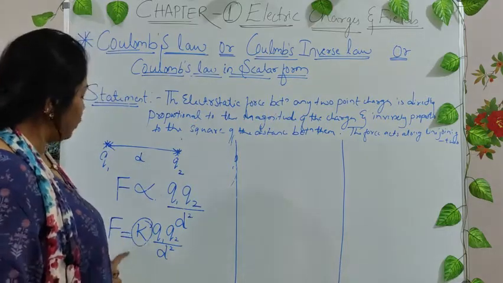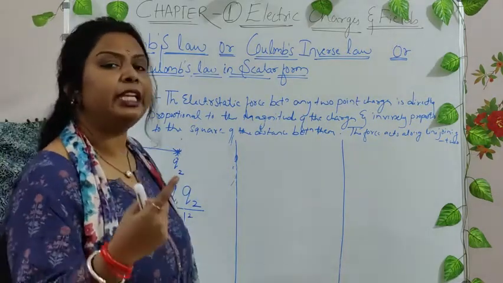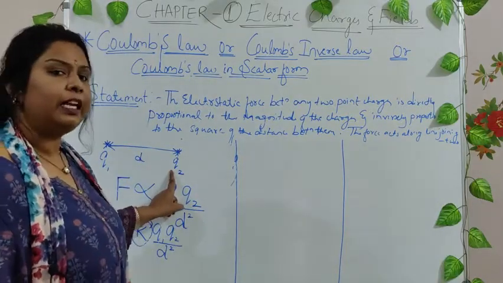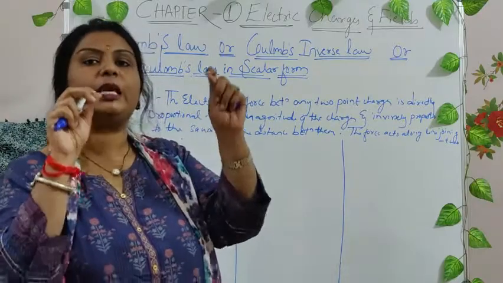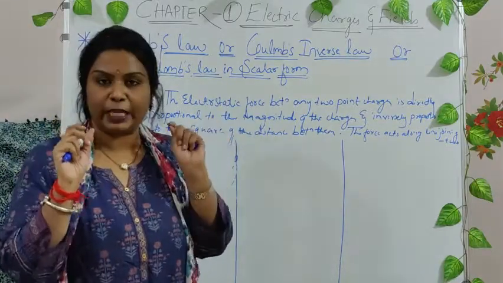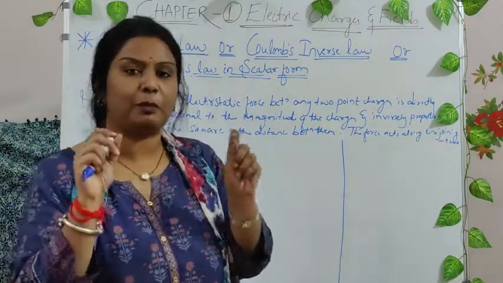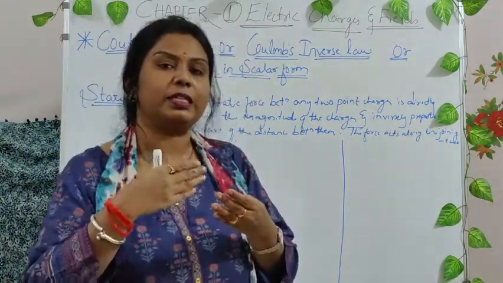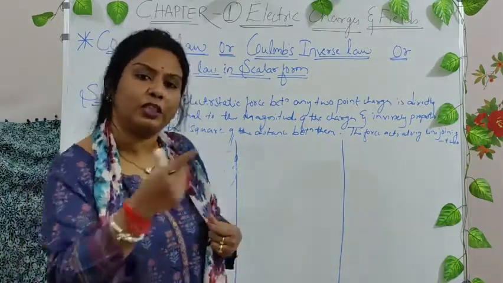This proportionality constant value will change with the change in the medium where the charges are kept. It is not necessary that the charges are always kept in water, or always in air, or always in vacuum. There are different scenarios where the charges are placed, and every time you place the charges, the force might not be the same.